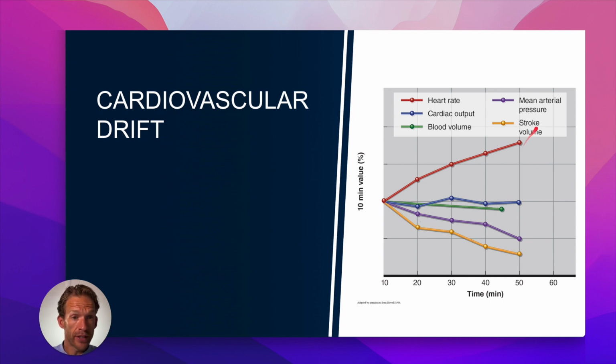And also here you can see that the mean arterial pressure as a consequence is slightly dropping. And the overall idea is to always keep, at least for steady aerobic exercise, the cardiac output relatively constant. So in blue, you see the cardiac output. So regardless of the reduction in stroke volume, you see that due to the increase in heart rate, cardiac output can be kept relatively constant.